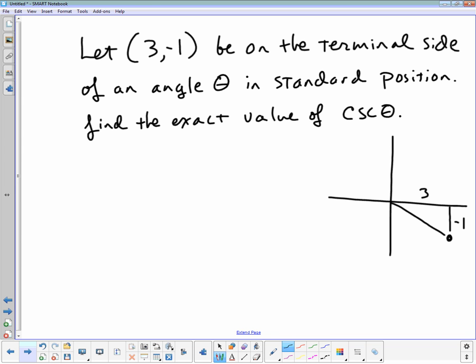There really isn't very much trig involved in this at all, except the identities. So now I want cosecant. Cosecant is the reciprocal of sine, which means I'm going to need a hypotenuse in there somewhere, right? Okay. So let's find the length of my hypotenuse.